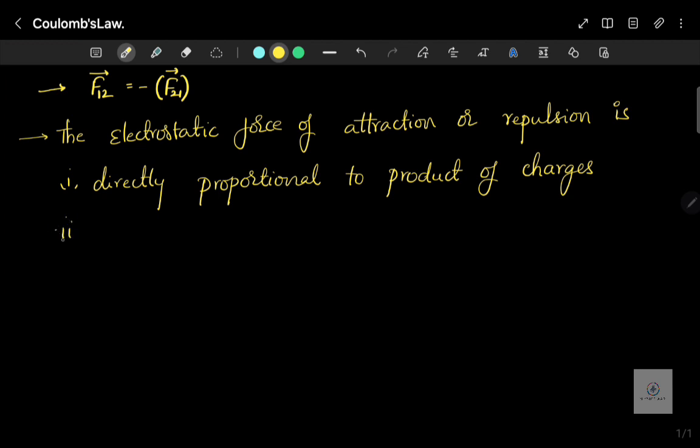And the second one is it is also inversely proportional to the square of the distance between them.